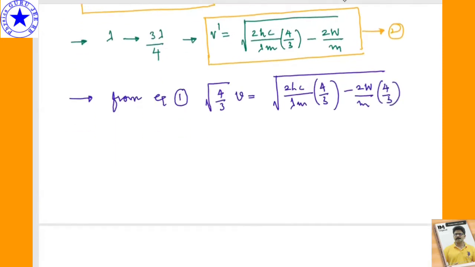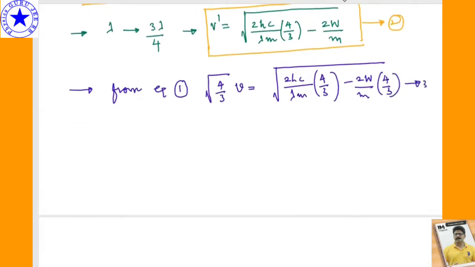Hope it is clear. Let me take this as equation number 3. So from equations 2 and 3, we can say that v dash is greater than under root of 4 by 3 into v.